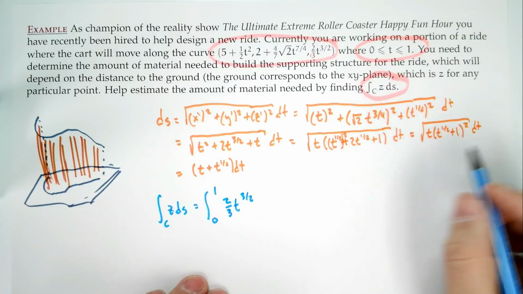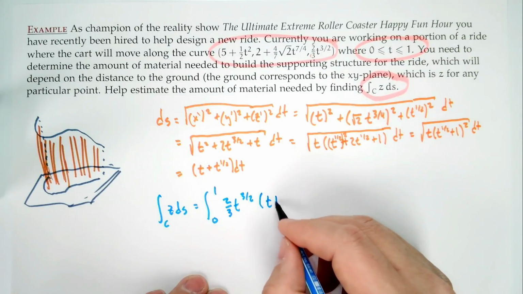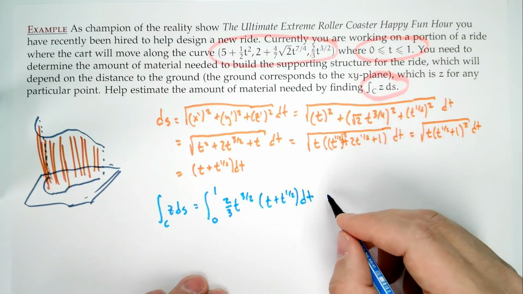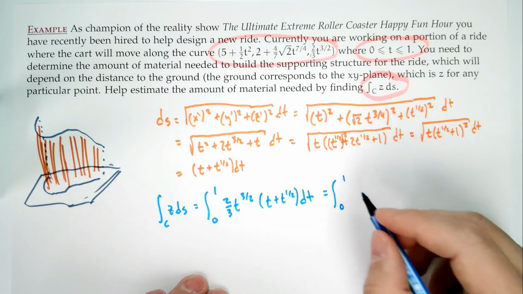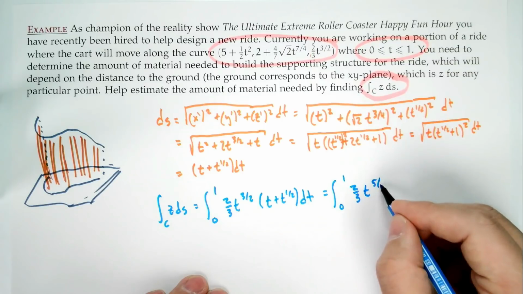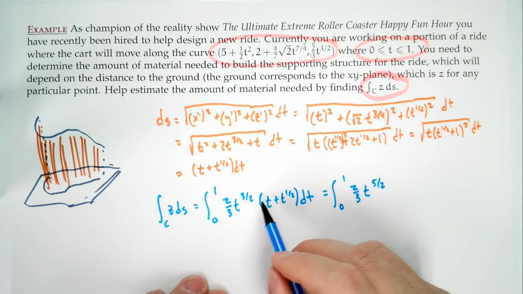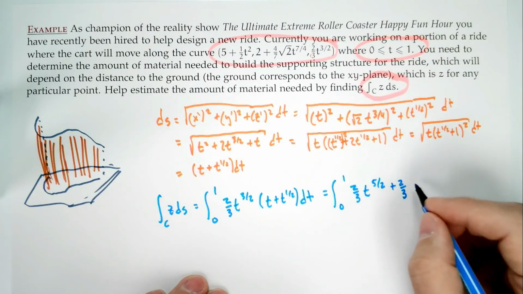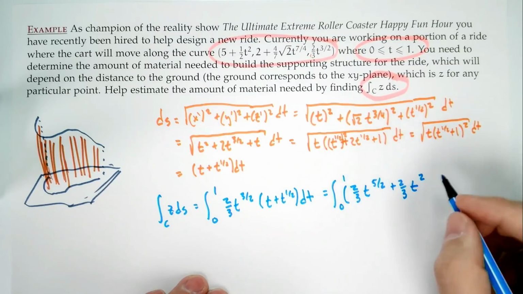And then our ds, there it is, right there, times t plus t to the 1/2 dt. So this is the integral from 0 to 1. We'll multiply this through. We get 2/3 t to the 5/2, because I'll have 3/2 plus 1, plus 2/3 t to the 4/2, or simply t squared.